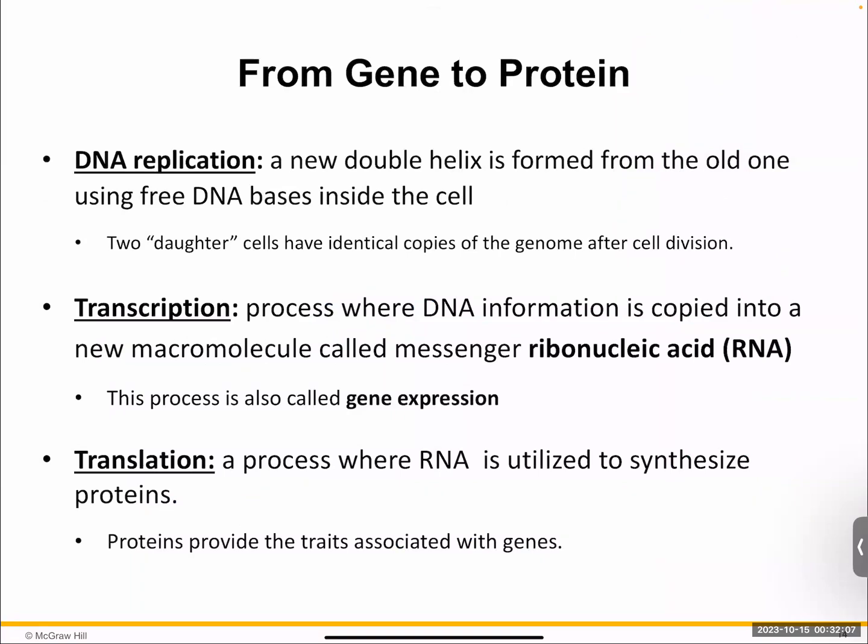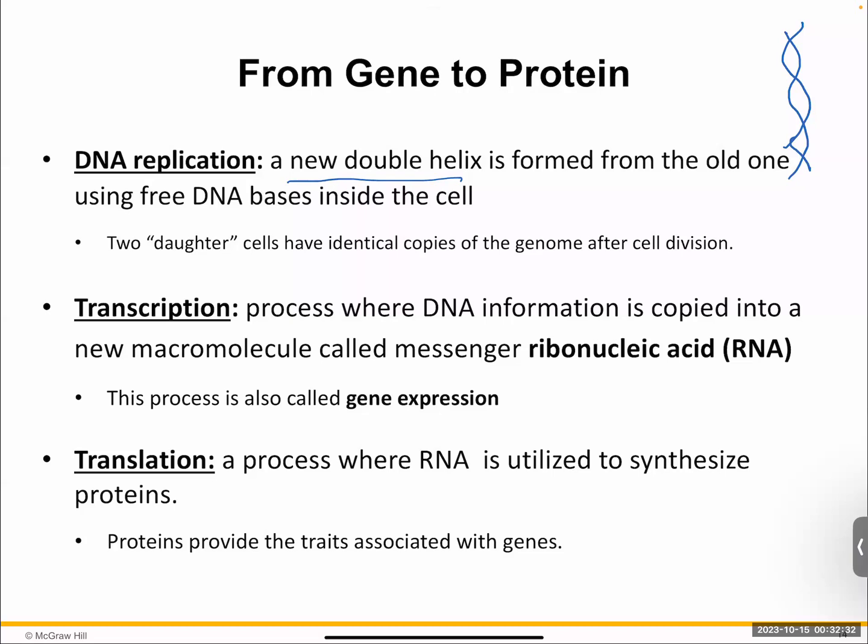Now, again, going from the gene to protein, looking at some of the vocabulary, not exactly the process. When we're looking at DNA replication, we're starting with our double helix, that pattern of double helix that is important for the structure of the DNA.